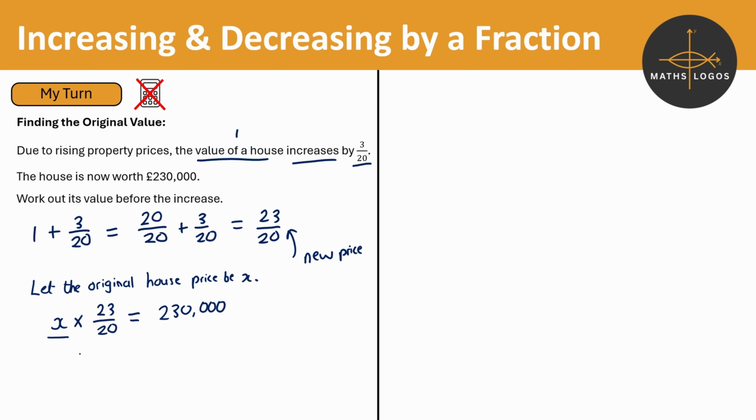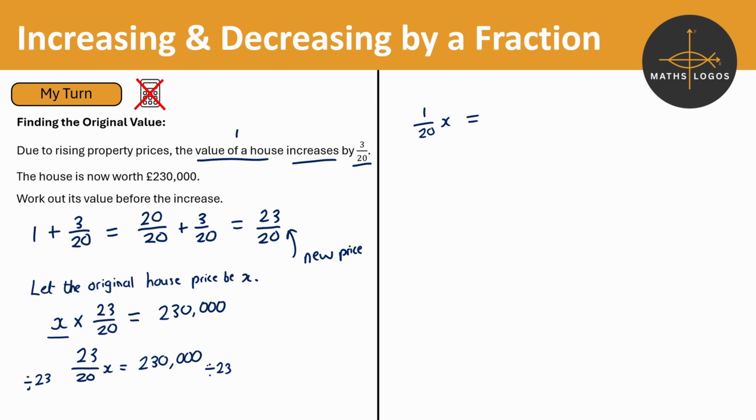I'm just going to tidy this up. I'm going to write it as 23 over 20 x being equal to 230,000. And what I then want to do is work out what the original value was. If I know 23/20 is 230,000, I might want to start by working out what 1/20 is. I can do that by dividing both sides by 23. That means that 1/20 of the original house price is equal to 230,000 divided by 23.